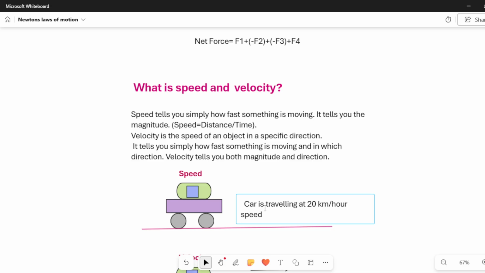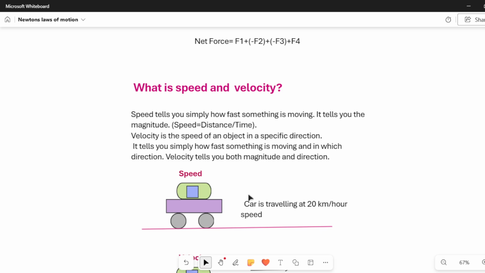But if you see here, the speed does not show me the direction in which the car is traveling. It can travel in the north, it can travel in the south, but that direction is not mentioned when we talk about speed. So that is covered under velocity. So what is velocity? Velocity is the speed of an object in a specific direction.